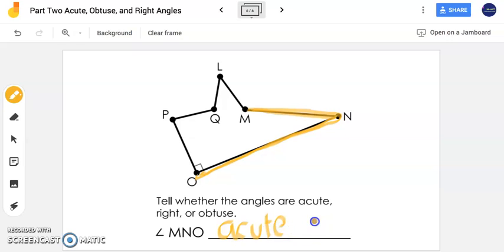Once I classify this as an acute angle, now I am finished with my problem. Notice again, just like the previous problems, I first identified where my angle is located in my figure. Then, once I highlighted it, it was much easier to classify it as either an acute, right, or obtuse angle.